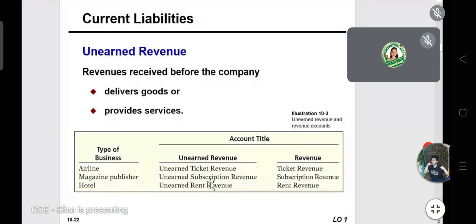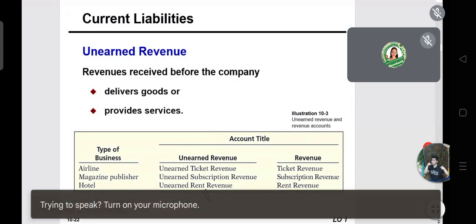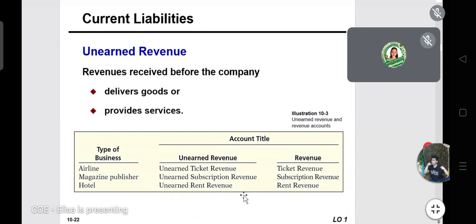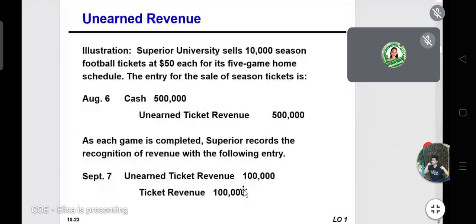Normally, the subscription is 3 months, 6 months, or 1 year. Or when you book a hotel, you will be required to have a deposit, so this advance will be recorded as unearned revenue, and then by the time you check out, the service has been provided, and that is the time they record the rent revenue.